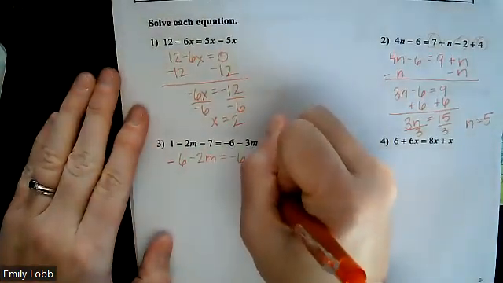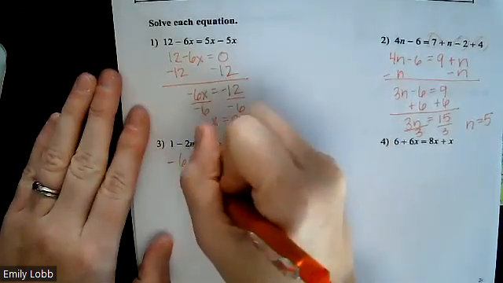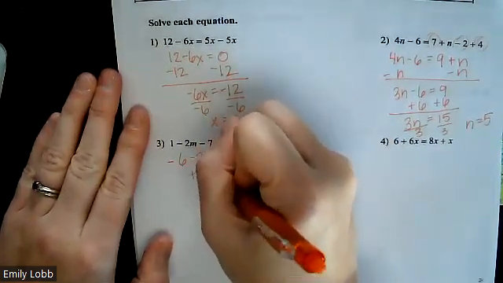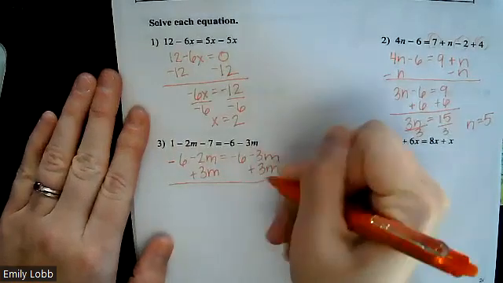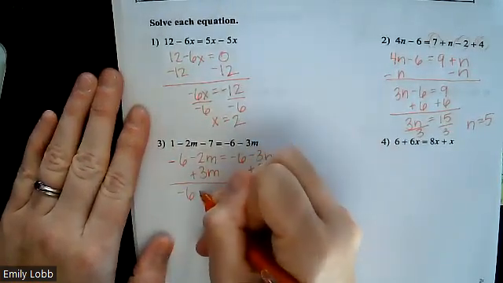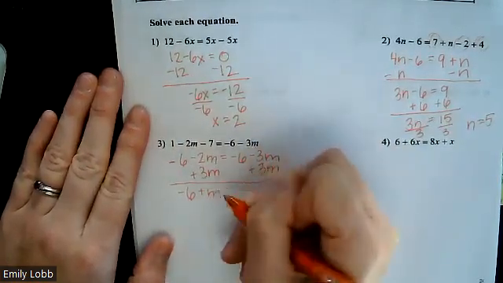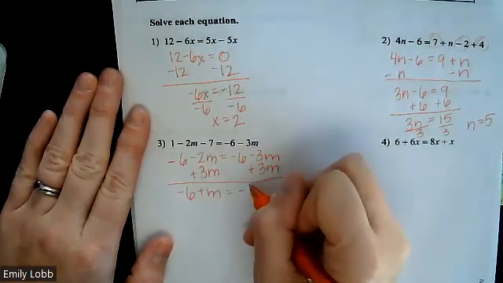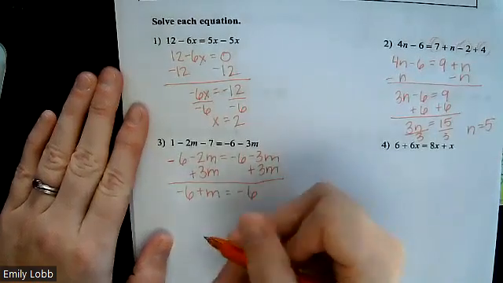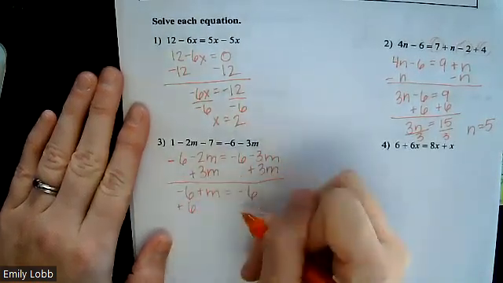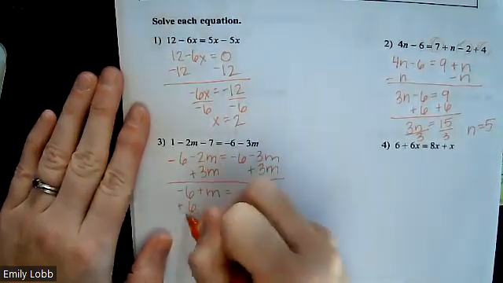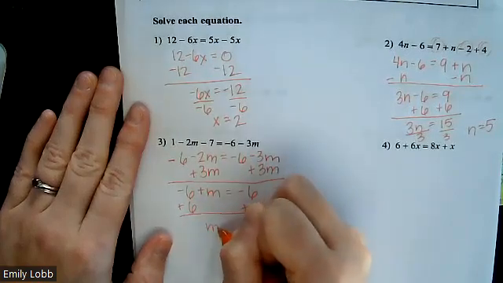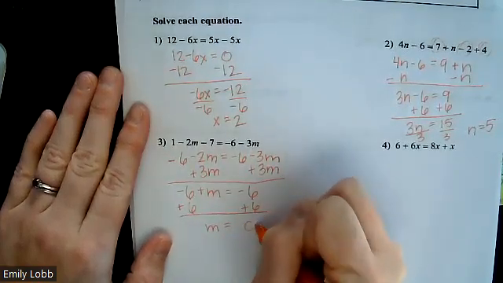I would probably choose to add 3m because that's going to give me 1m. So negative 6 plus m is equal to negative 6. What's m going to equal when I add 6 to both sides? M is going to equal 0.